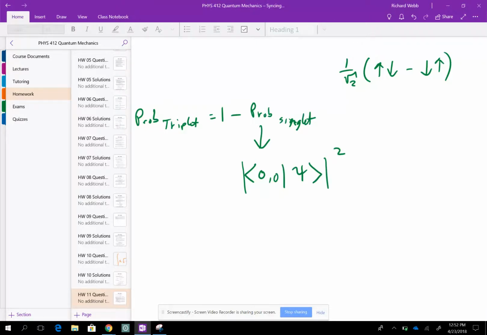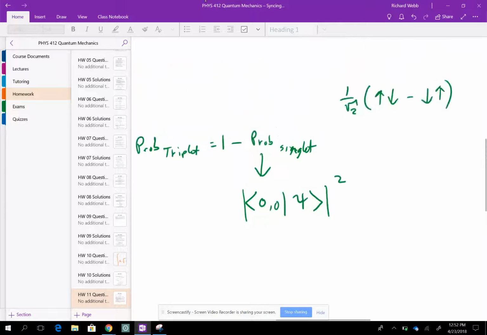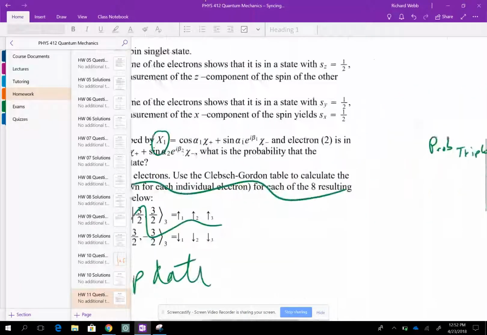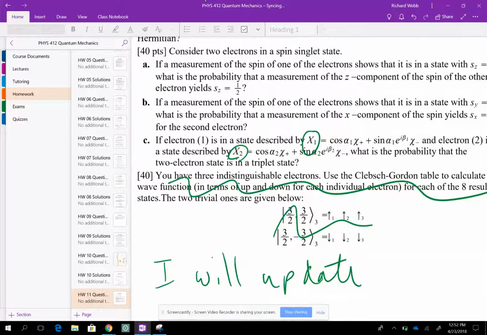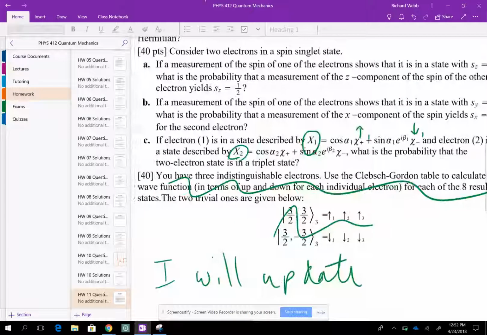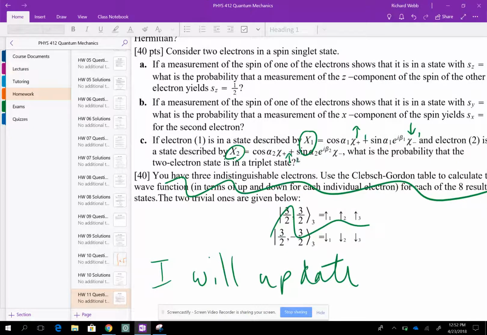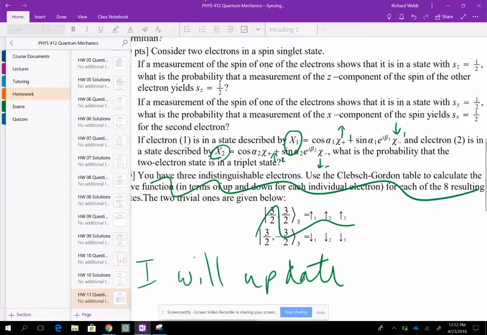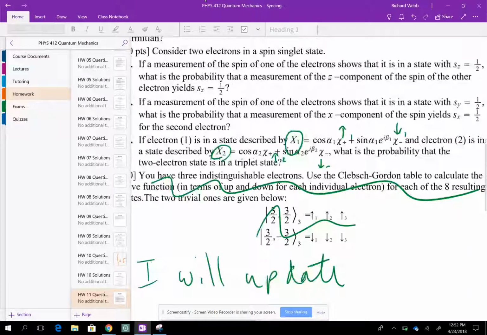And so we're going to take the chi plus means, I prefer to write them like this. Electron 1 is in a state described by this, and electron 2 is in a state.